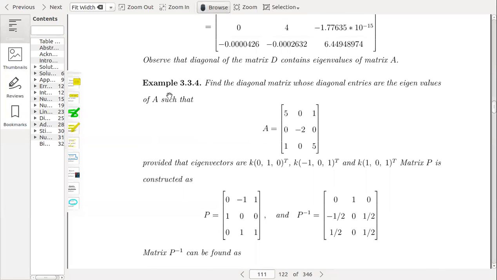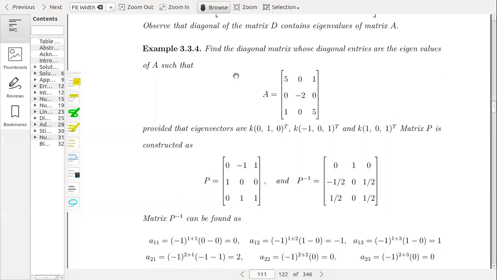So the next example is: find the diagonal matrix whose diagonal entries are the eigenvalues of A. So here is the matrix, provided that the eigenvectors are k into 0, 1, 0 transpose, k into minus 1, 0, 1 transpose, and 1, 0, 1 transpose.